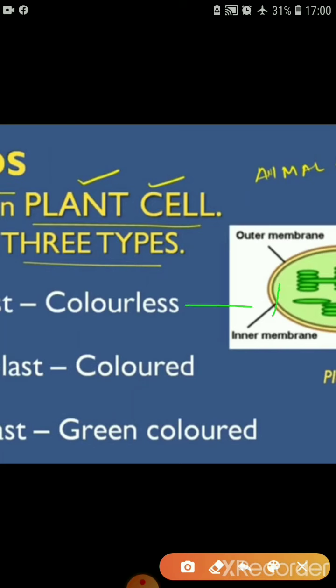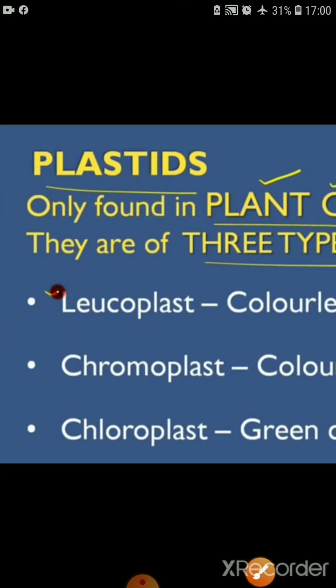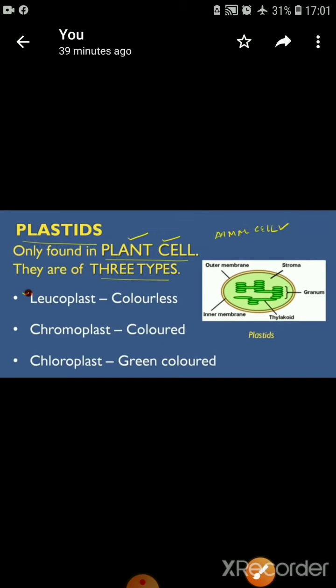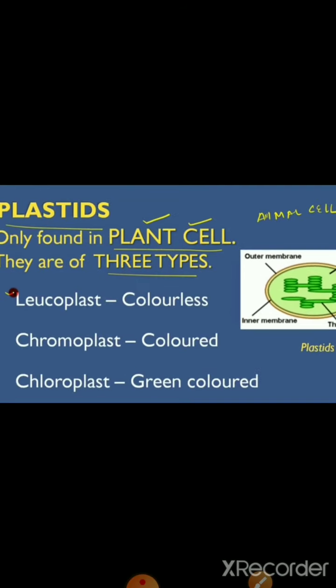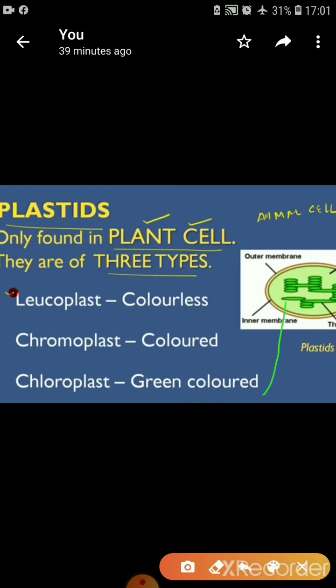These green colored bodies you are seeing are called chloroplast. So we can say chloroplast is helpful for green colored plants. What is chloroplast? Chloroplast contains chlorophyll. If a plant has chloroplast, its leaves have chlorophyll, isn't it?